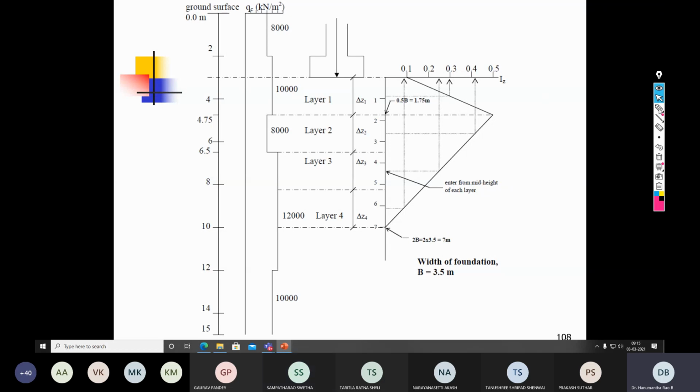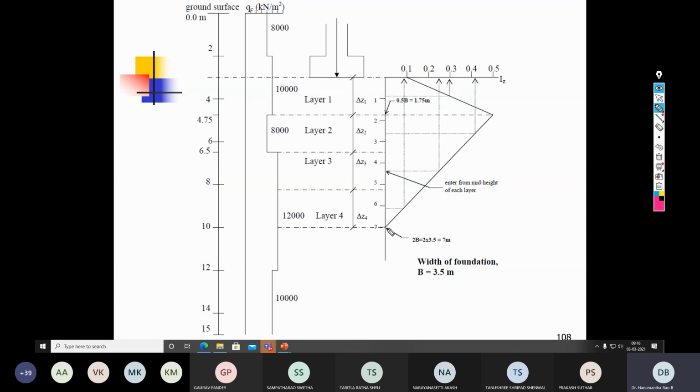The first thing is that you need to select between those two graphs corresponding to L by B equal to 1 and L by B greater than or equal to 10. We have picked the graph corresponding to L by B equal to 1 because it is a square footing.